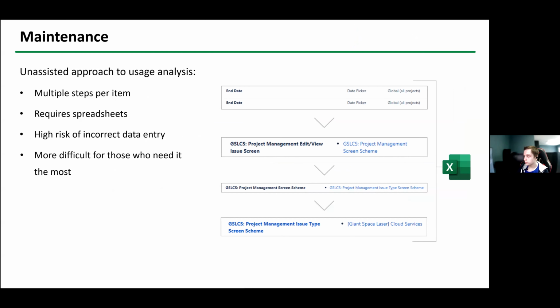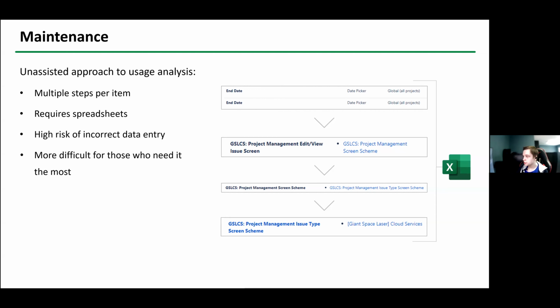And with this, from performance, we come to maintenance. And this is actually what we do to reach that performance target, but also that standardization target. And if we do it unassisted, it's very difficult. Most often you will have a tool, a plugin such as Optimizer, or otherwise you will most likely have a script, or you'll have to use Excel.